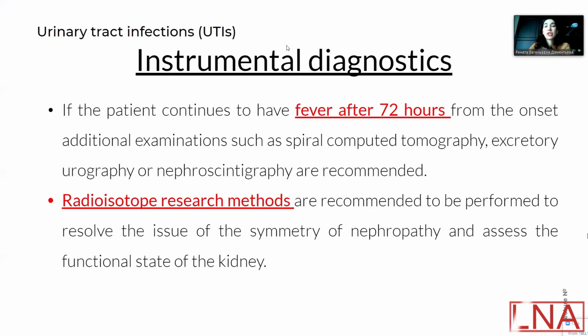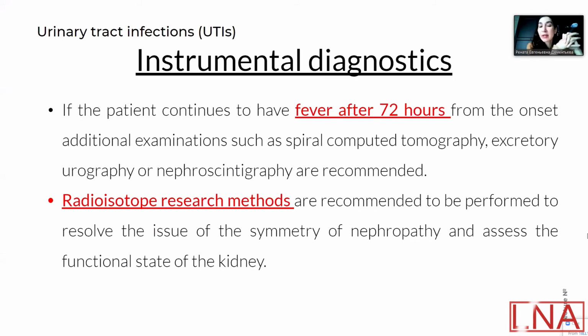In a patient who continues to have fever 72 hours after the onset, additional examinations such as spiral computed tomography, excretory urography, or nephroscintigraphy are recommended to visualize and clarify the problems.